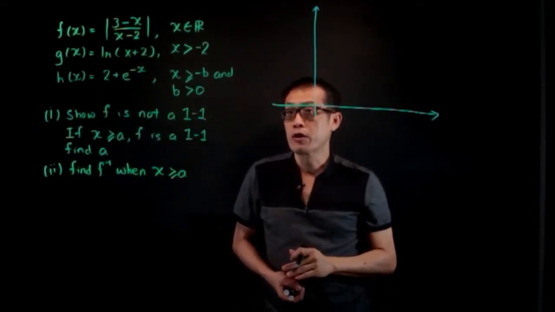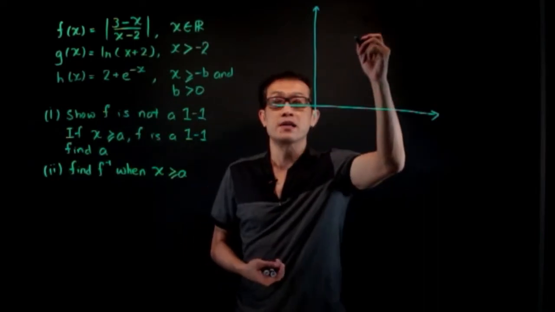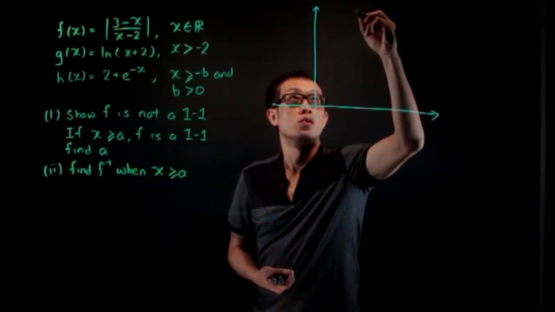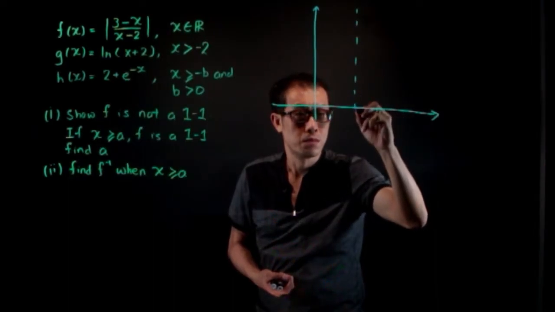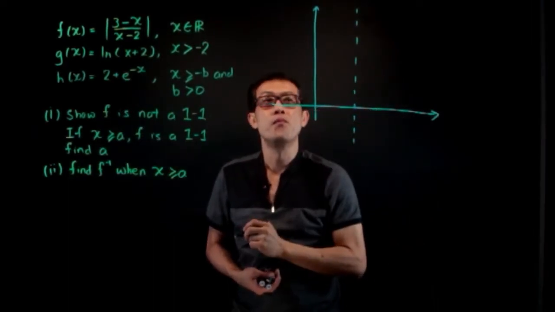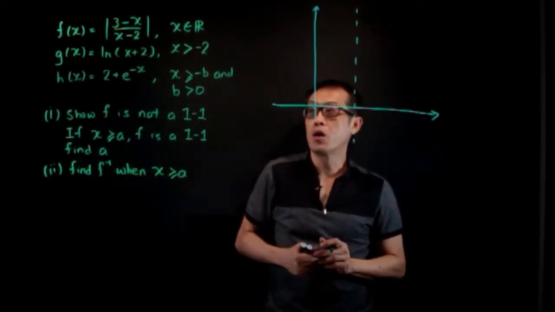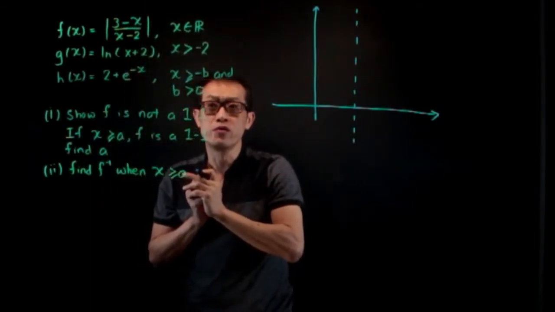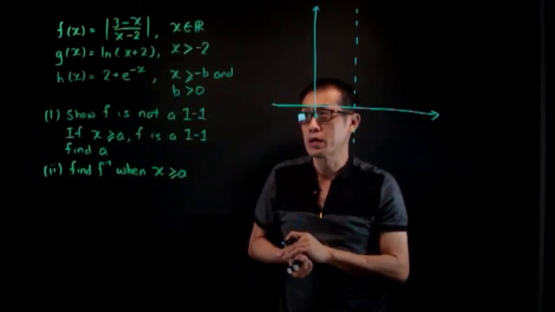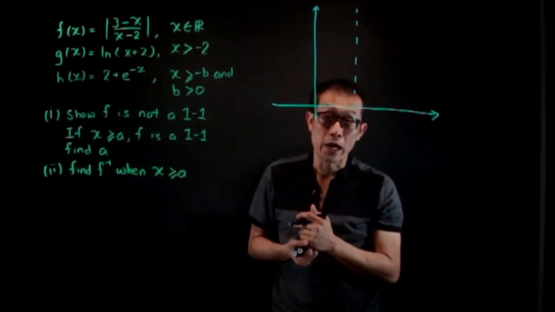Now, if you look at the graph, it has a vertical asymptote of x equals 2. Now, what is the horizontal asymptote? The horizontal asymptote, without the mod, you find that it is minus 1. With the mod, minus 1 then becomes 1.